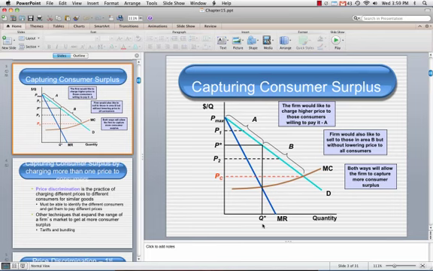Had the firm instead been perfectly competitive, then the demand curve would have also been the price, and it would have also been the marginal revenue, meaning that MR equals MC would have been way out here, which if we added an additional line here, this would be the perfectly competitive firm's output and perfectly competitive price.